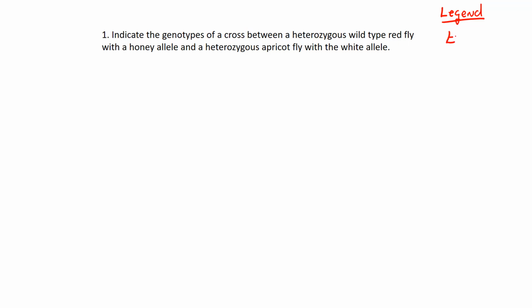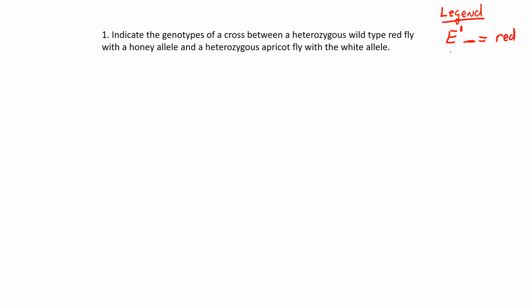So we know that if you have an E for eye color and a superscript number 1, it doesn't matter what our other allele is. We still know alleles are in pairs, but as long as I have an E1, that's always going to be a wild type red. We'll just put red in here.